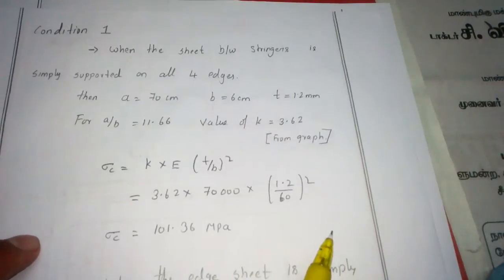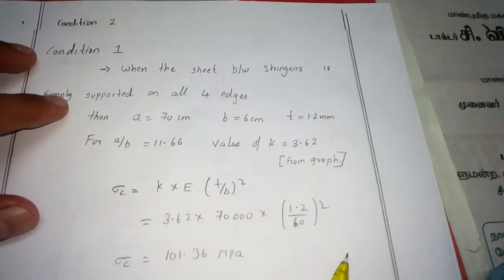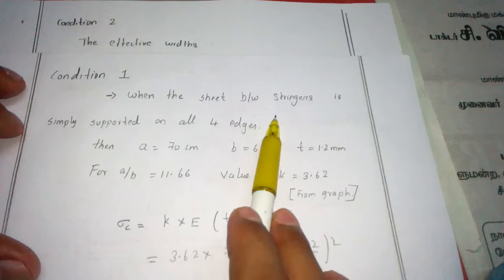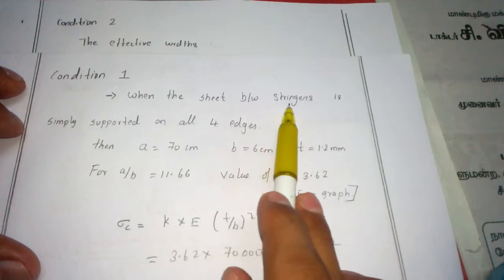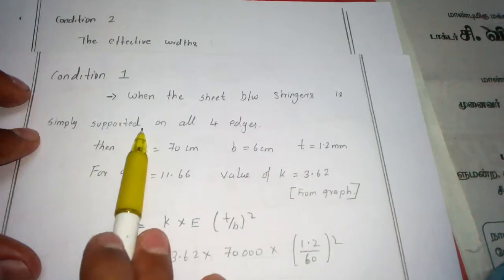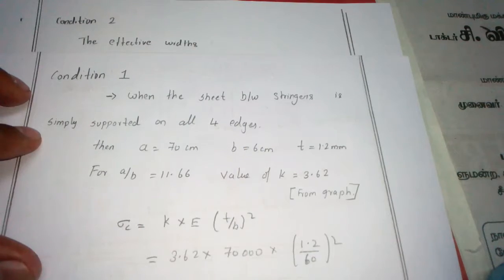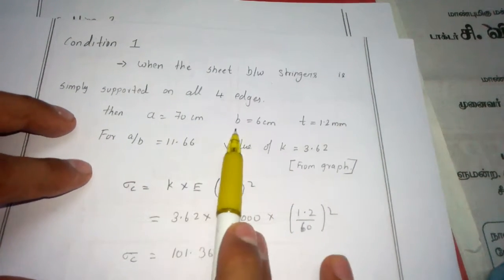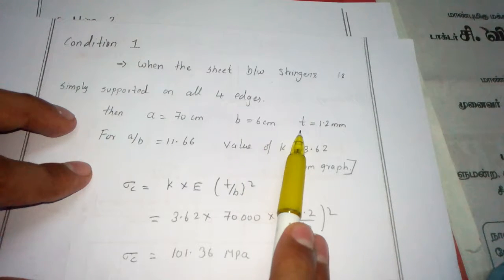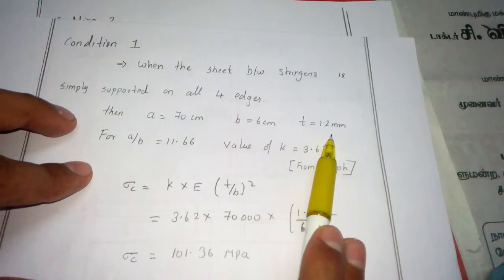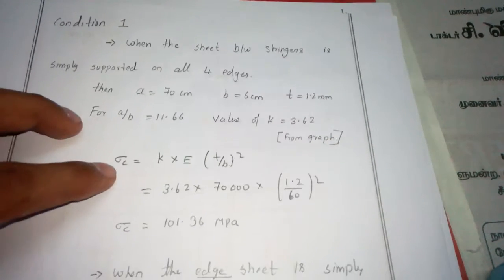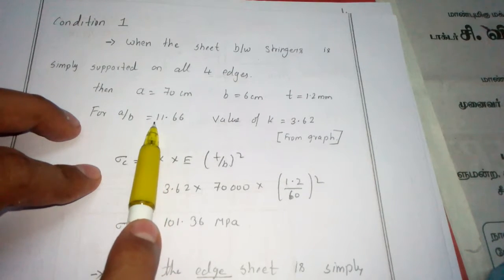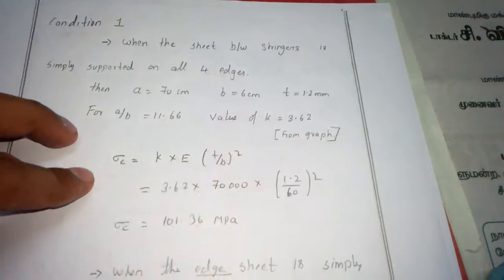Now first, when the sheet and stringers are simply supported on all four edges, A will be 70 mm, B will be 6 mm, T will be 1.2 mm. So if we divide A by B, it will be 11.6, that is 70 by 6.